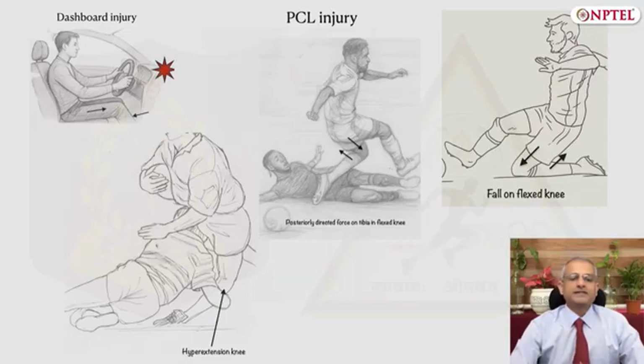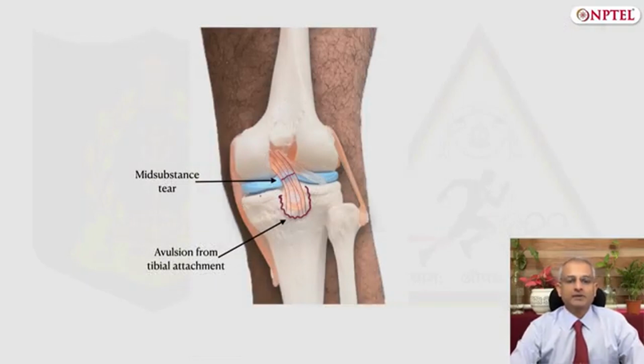The patterns of PCL tear can be an avulsion from the proximal tibia or from the femoral attachment or a mid-substance tear. And like in the ACL, the bony avulsions should be fixed like a fracture, but mid-substance tears may require ligament reconstruction using grafts. We will be studying about the management in detail later.